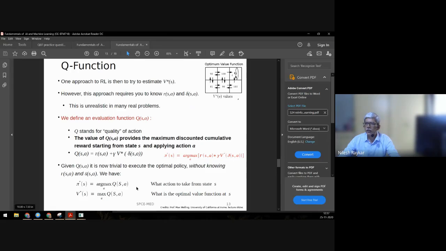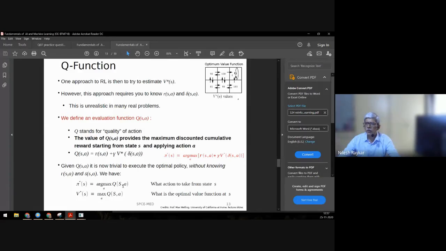You only have to look at this bottom part. The policy from any state, that is the best action from any state, is given in terms of the maximum value of the Q function. For example, if you are in room number 2, you can go to the right, to the left, or to the bottom.